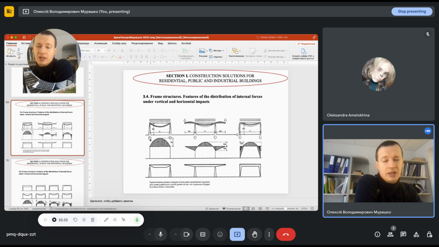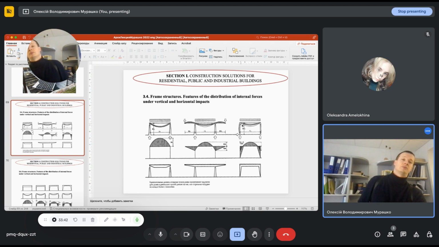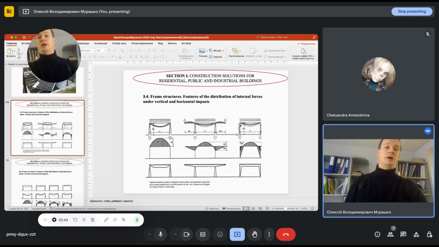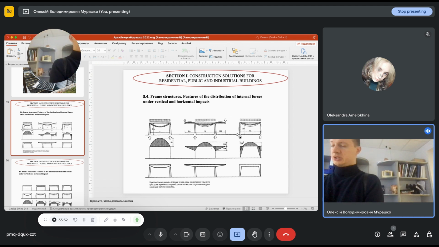In this case, we have a continuous beam with cantilevers, and here we have a rigid connection, a rigid frame in the upper nodes, and a hinge connection. I forgot this word for a moment.